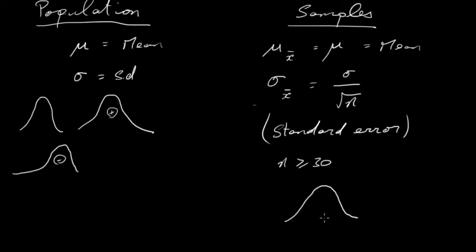It will always be normal. So whatever our population distribution looks like, our sample distribution will be normal, providing our sample size is greater than or equal to 30.